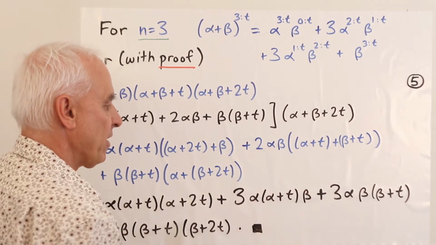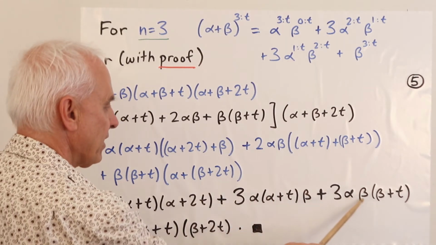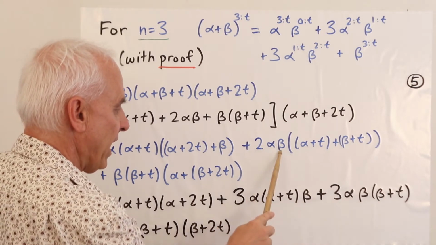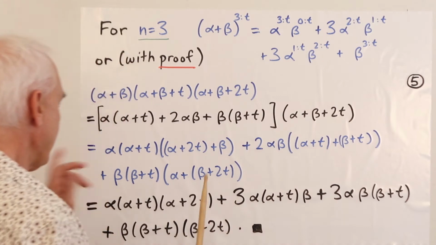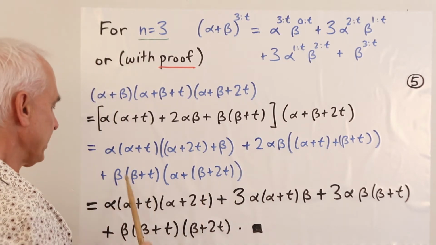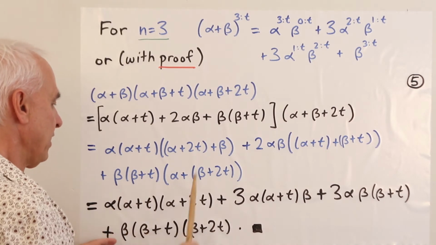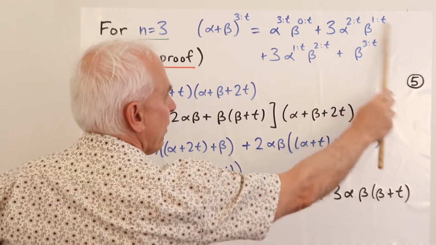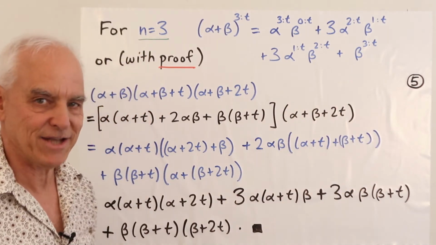The 3 alpha beta times beta plus t, we're getting 2 of them from here, alpha beta times the beta plus t, and another one over here, the beta times beta plus t alpha. And finally, what's left over is the beta plus t, beta plus 2t. Okay, so that's exactly what's appearing over here on the right-hand side.